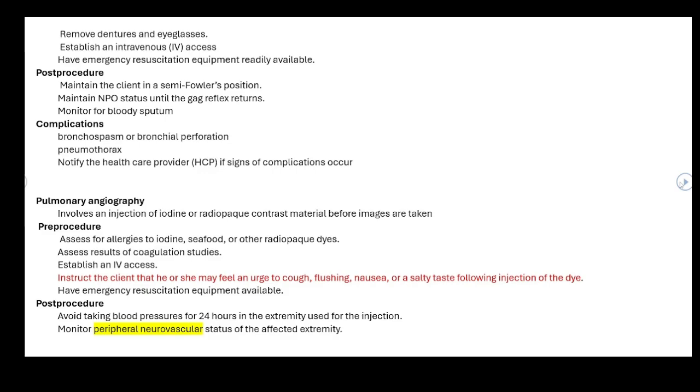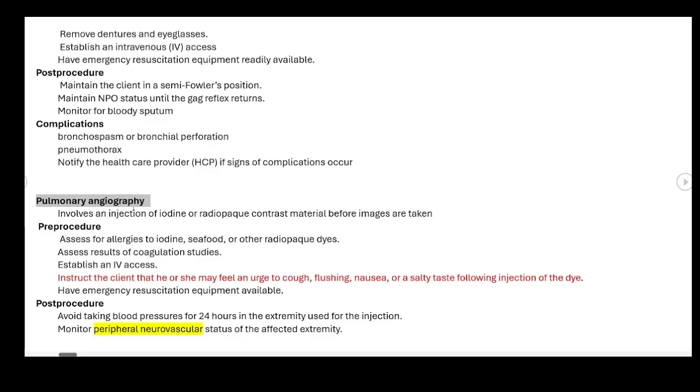The next one is the angiography, which I already explained. Here we're talking about pulmonary angiography. Pulmonary is nothing but what? We're talking about the pulmonary system, which is the lungs and then the airways.